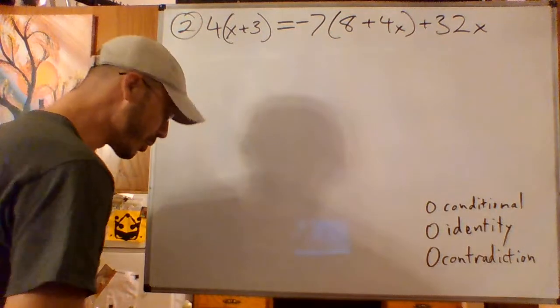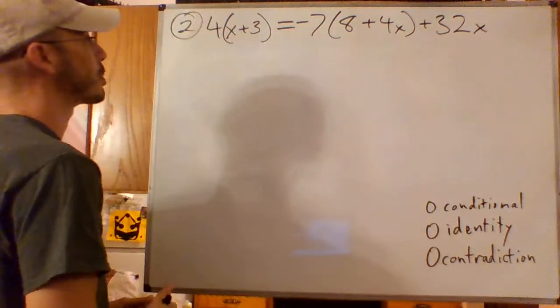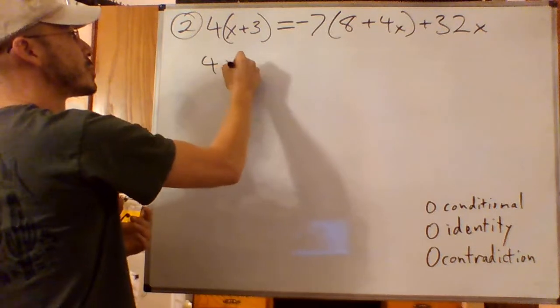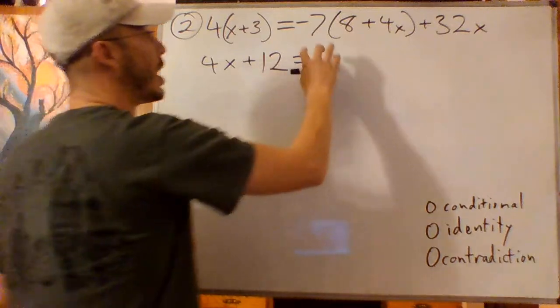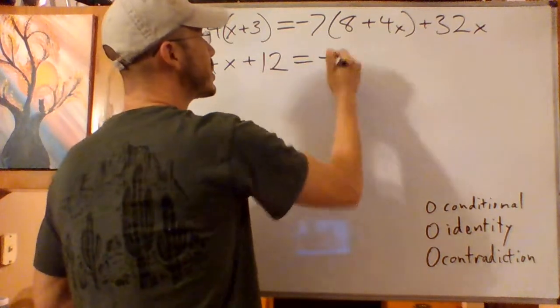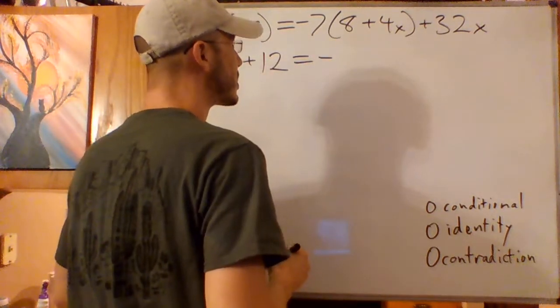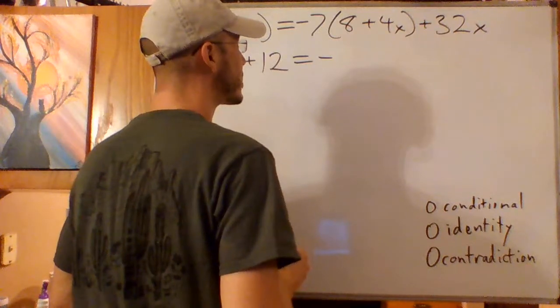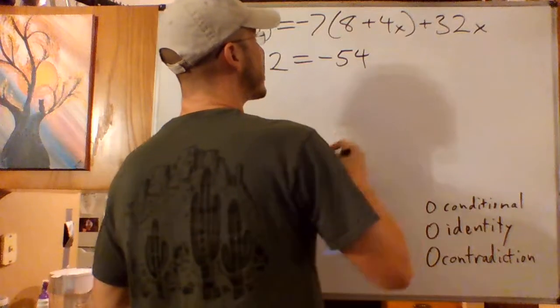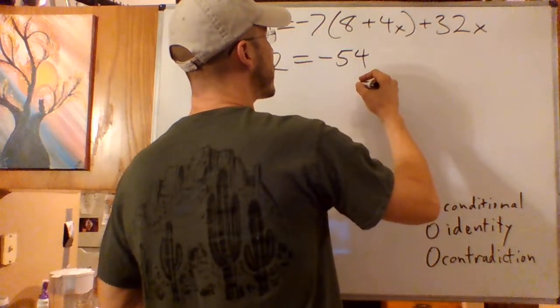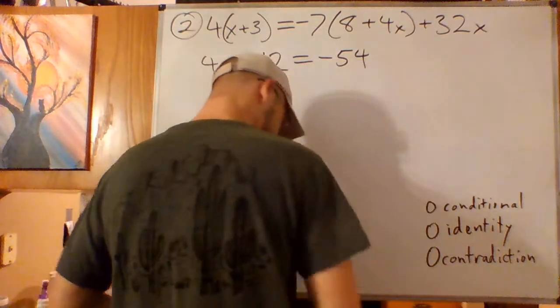So let's see, by working with this, trying to solve it, what happens. The first thing I need to do is distribute. 4 times 3 is 12. Both sides, negative 7 times 8 is negative 56.